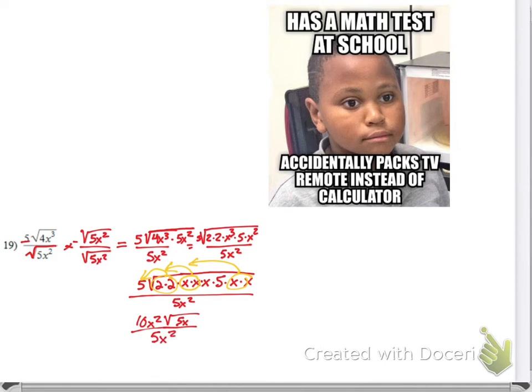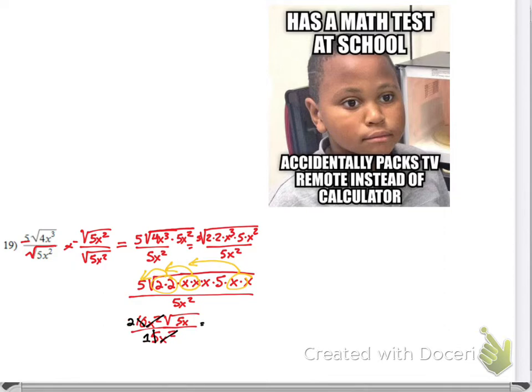Now here's the deal. Because on the outside here, there's an x squared and an x squared, I can cancel those out when I simplify. And then a number that goes in both 10 and 5 is 5, and so 5 goes into 5 one time, and then 5 goes into 10 2 times.